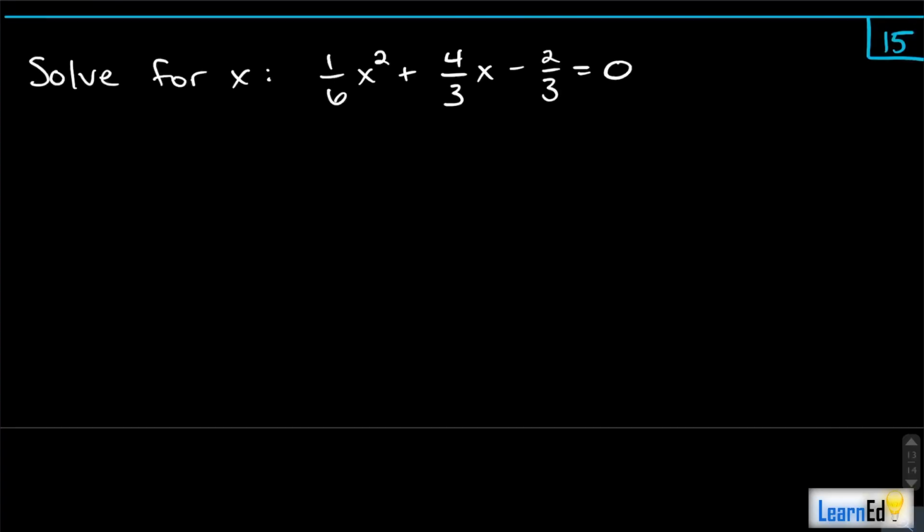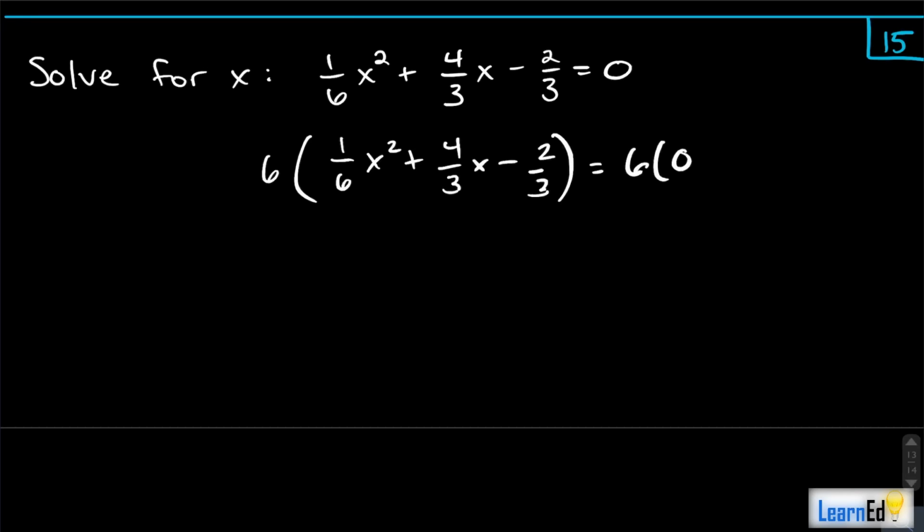But you can use the quadratic formula. You'd have to multiply by 6 anyway to complete the square, but you can make this easier for yourself, and a great way of doing that here is by multiplying by 6. If you multiply this by 6, and multiply the other side by 6 too, of course that doesn't change anything.